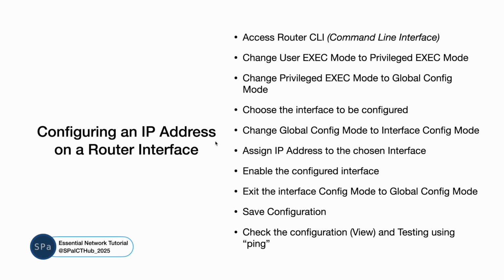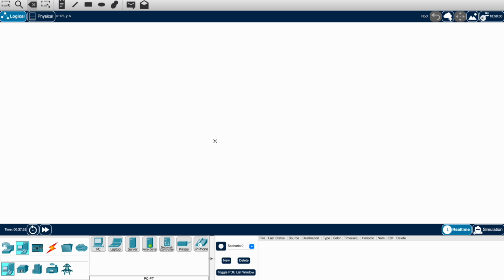Let's get started by going into Packet Tracer. Packet Tracer is software that helps us implement and configure a network. It gives us the logical plan for the actual implementation.